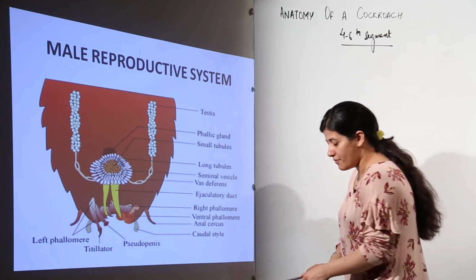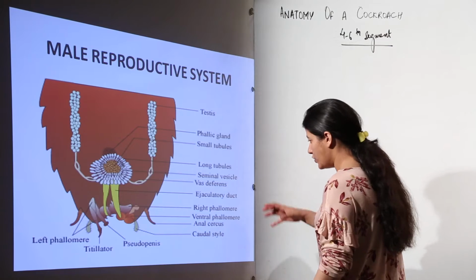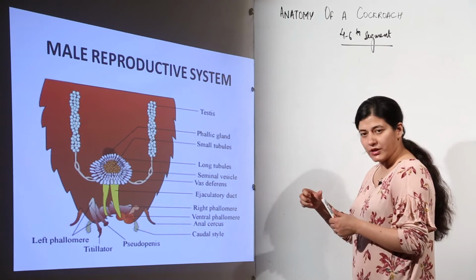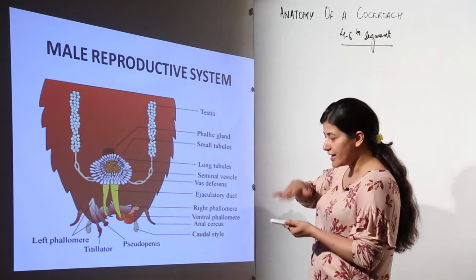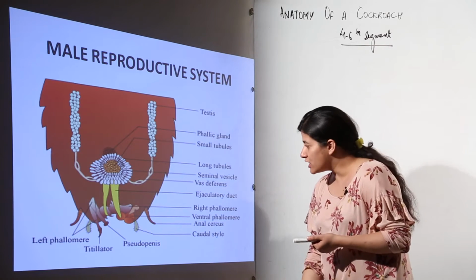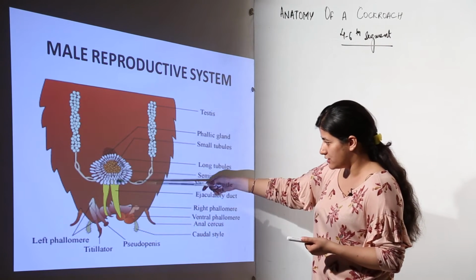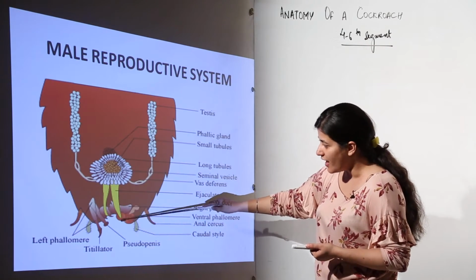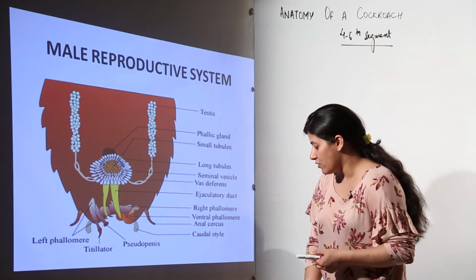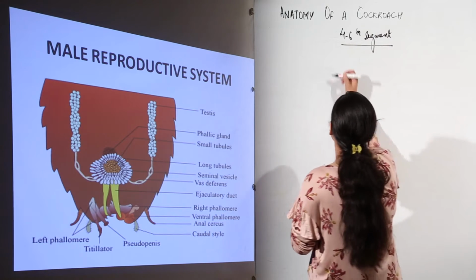You have to remember that there is a male gonophore, which is present ventral to the anus, that is the anal opening. That gonophore is responsible for the release of sperms out of this reproductive system, and that is in continuation with the ejaculatory duct.